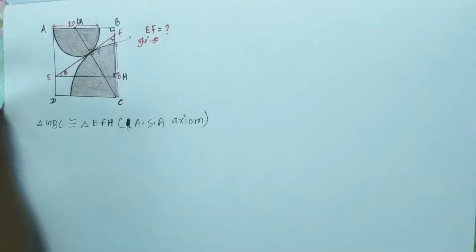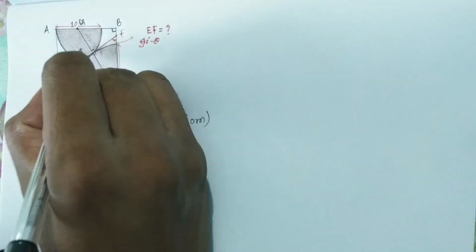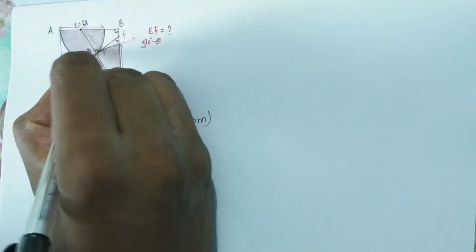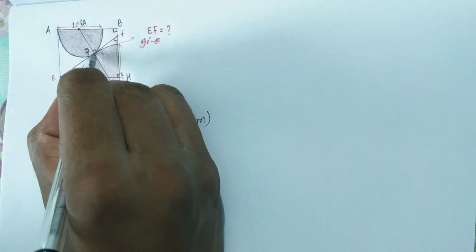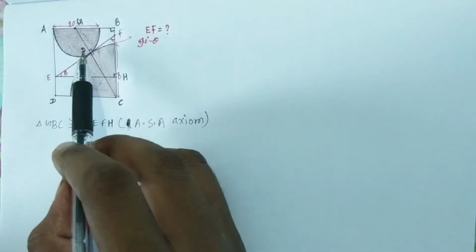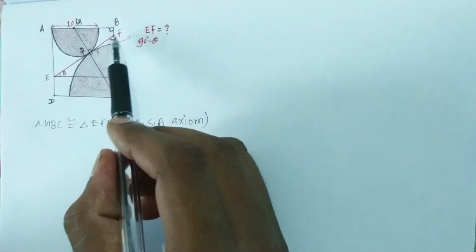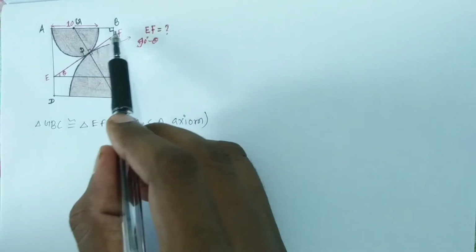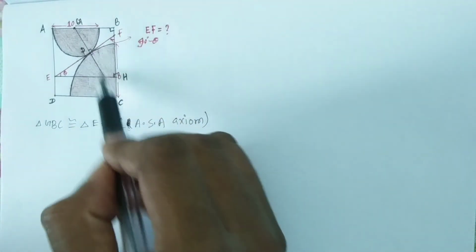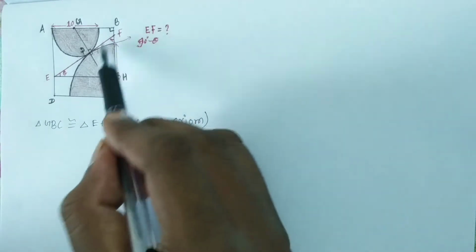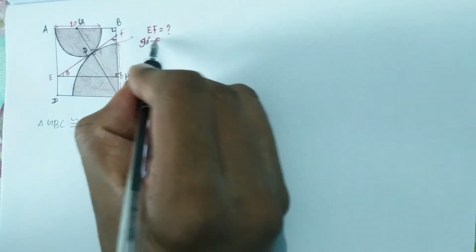Now suppose I name this point P. See that in the right angle triangle PFC, we have a 90-degree angle here, and this angle is 90 degrees minus theta.